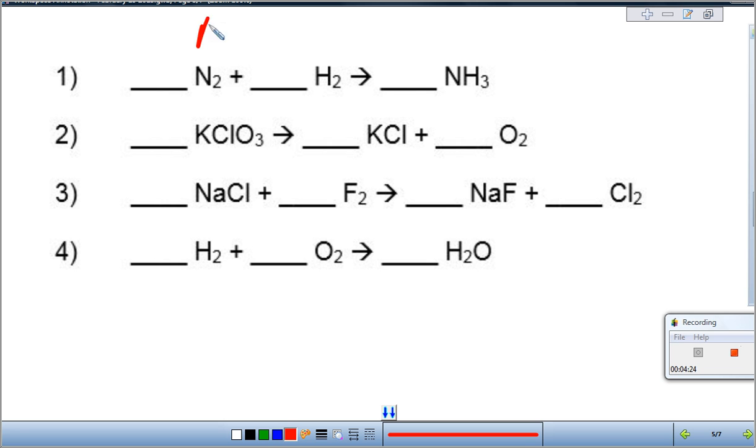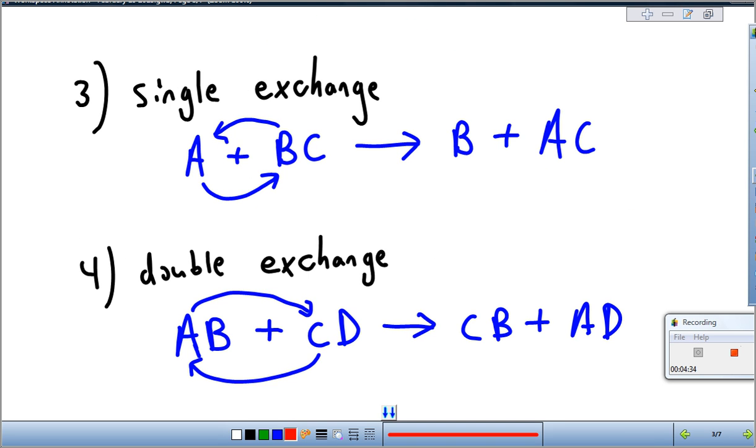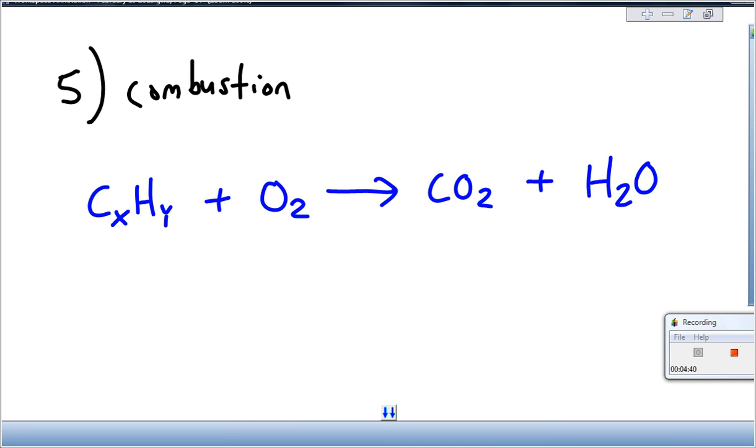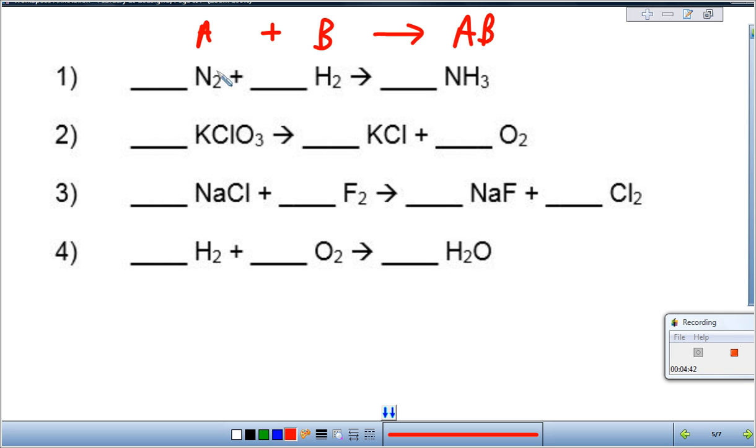And so this is represented by chemical A, this represents chemical B. So A and B are coming together to make AB. And when that happens, that is the template for a combination reaction. We got things combining together. So A, nitrogen, plus B, hydrogen, coming together to make a more complex chemical. So this is a combination reaction.